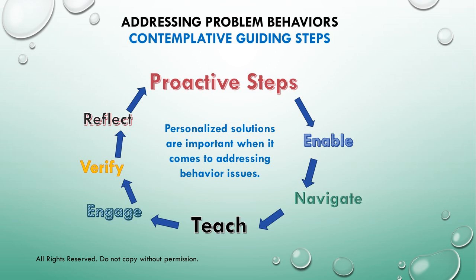So how do we use personalized solutions in addressing behavior issues? There are these steps: reflecting, being proactive, enabling the student, verifying if the behavior strategies that you have employed are working.